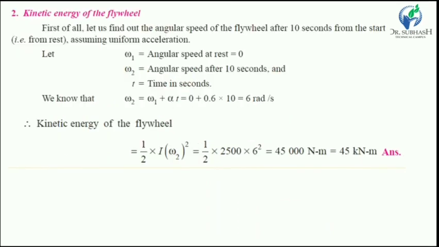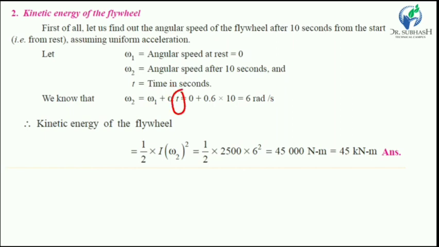Now according to that equation, omega 2 is equal to omega 1 plus alpha t. But the initial condition is considered as the flywheel at rest. So omega 1 is equal to 0, and we already found the value of alpha as 0.6.